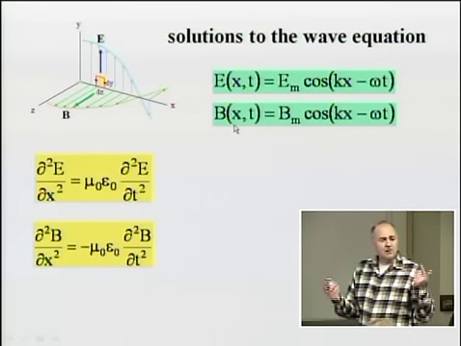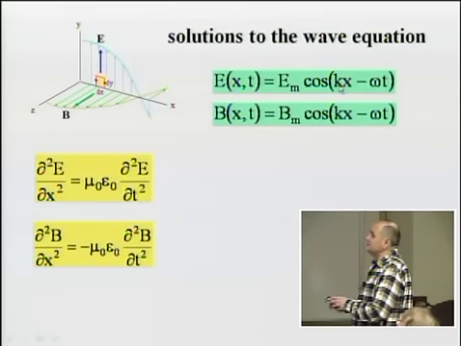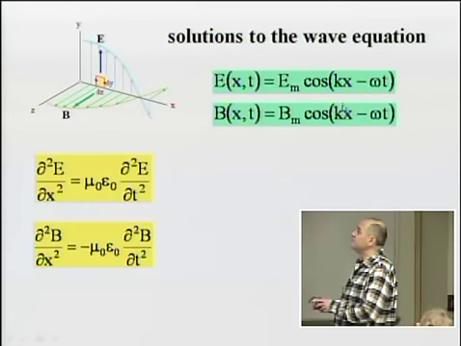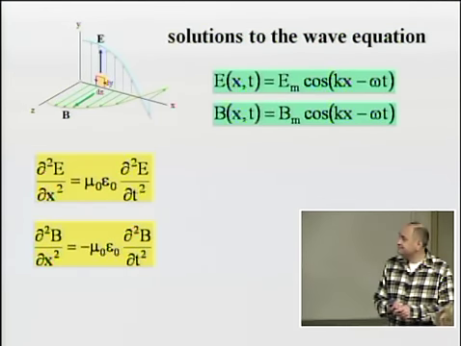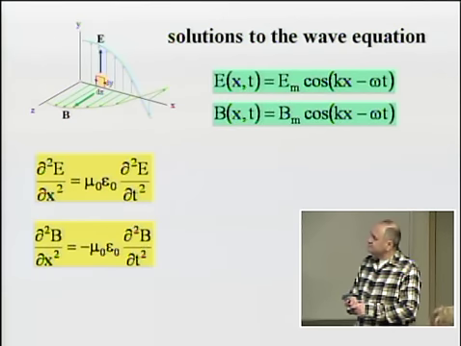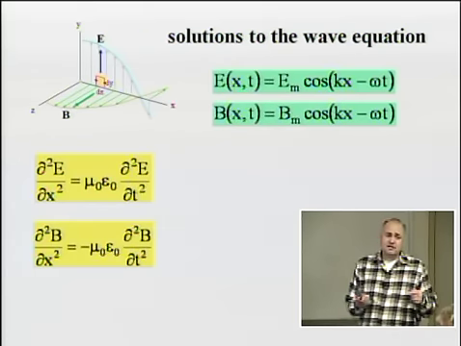These are constants. We can adjust them. Now this constant k, which formally represents the magnitude of the propagation vector.